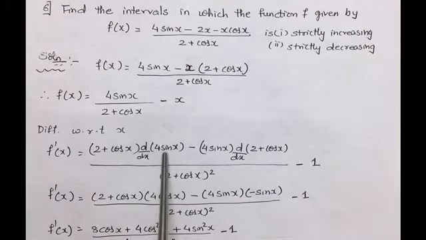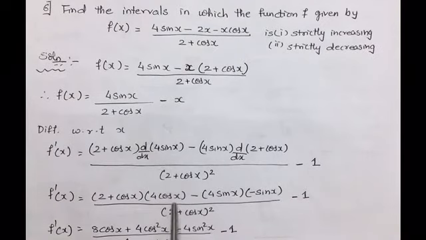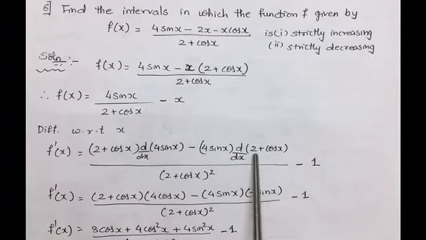Now sin x derivative is cos x, 2 derivative becomes 0, and cos x derivative is minus sin x.